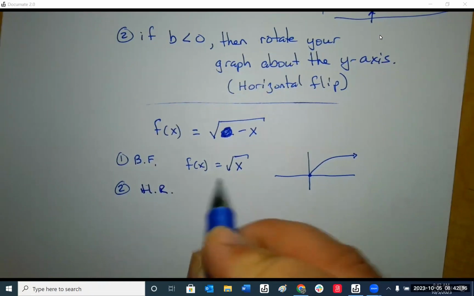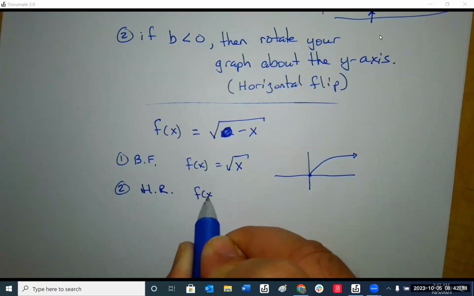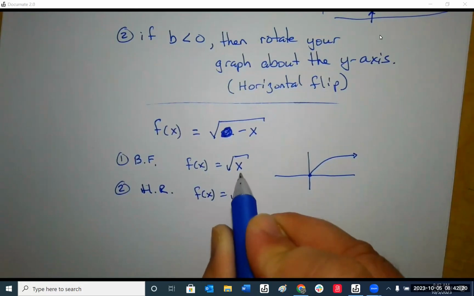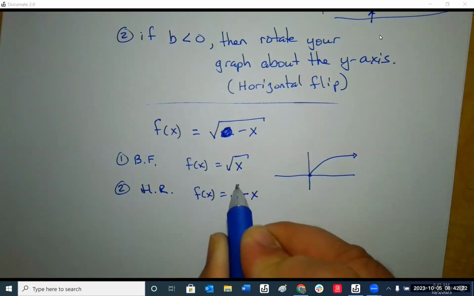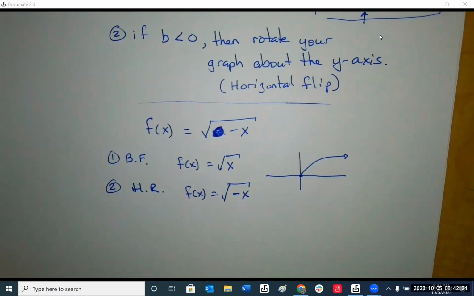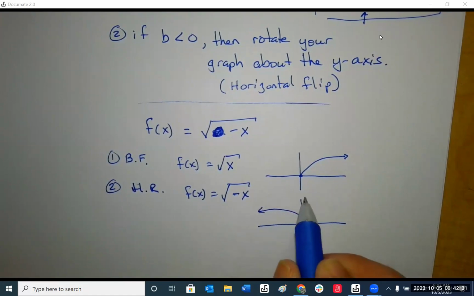Horizontal rotation. Does the sign of x change? If it's inside the function, then it rotates about the y-axis. If it's outside, it rotates about the x-axis.